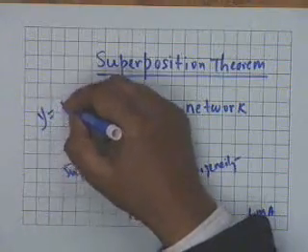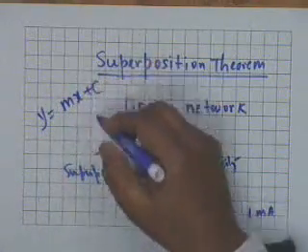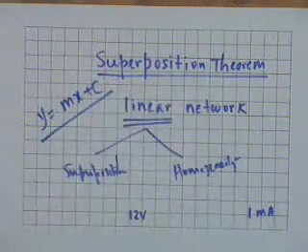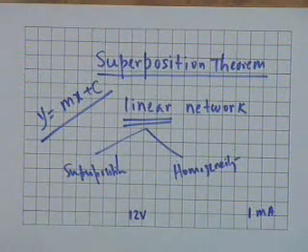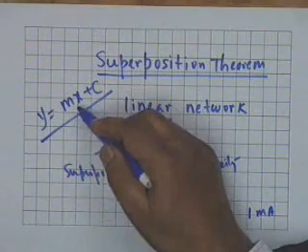So, a zero source or zero excitation should lead to zero response, which means that not only is the relationship linear, but the straight line must pass through the origin. For example, y equal to mx plus c, although it is an equation of a straight line, does not represent a linear network because it does not pass through the origin.